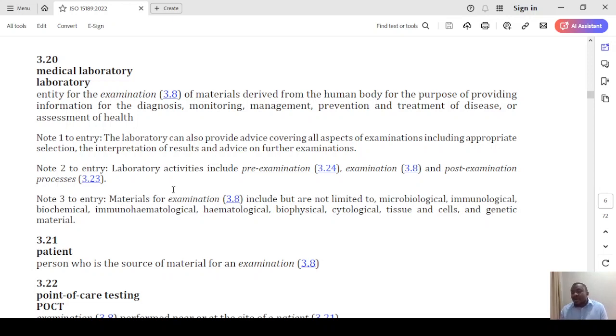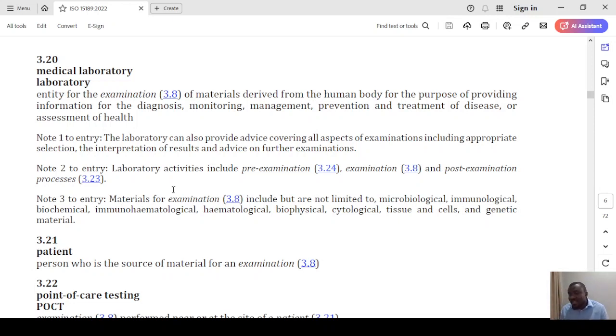Now, somebody might ask you, what is the difference between a research lab that handles human samples and a research lab that handles veterinary samples? Is that a medical lab or a veterinary lab? So I may ask you guys. A research lab that is handling human samples, and it might also be handling veterinary samples, or it might be only handling human samples.